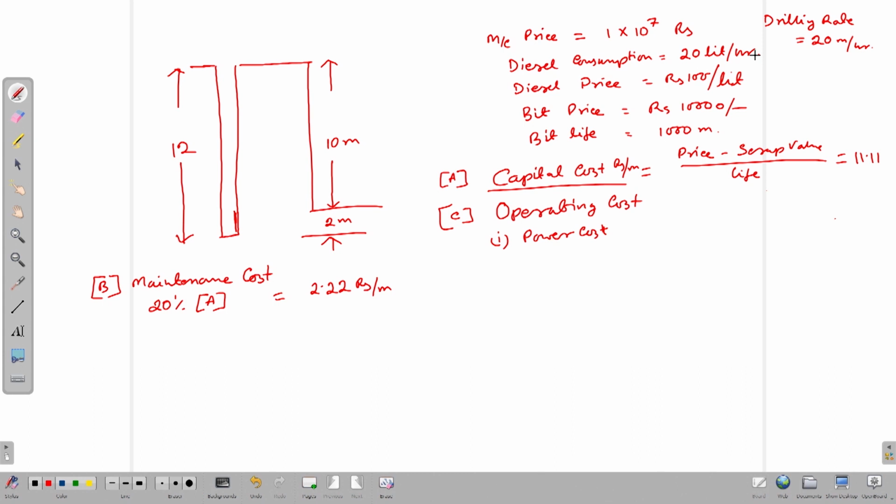That means, if the engine is running at lower RPM, then the fuel consumption is less. If it is running at higher RPM, then the fuel consumption will be more. So, that depends on the load on which the engine is supposed to run.